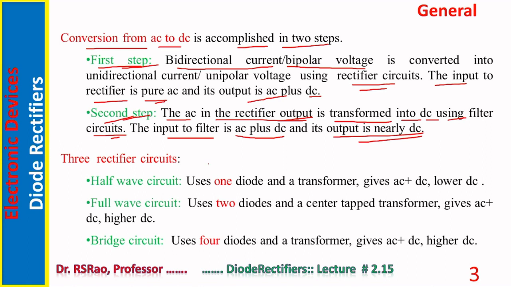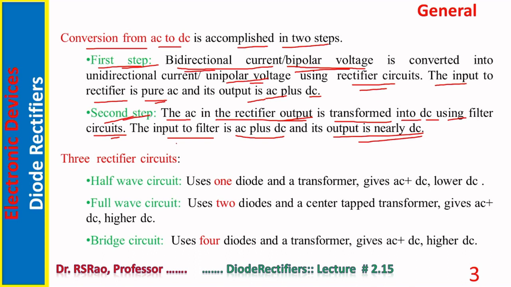Now, let us concentrate on the first part of the power supply, that is conversion from bidirectional current or bipolar voltage into unidirectional current or unipolar voltage. That is the subject matter of the present session.